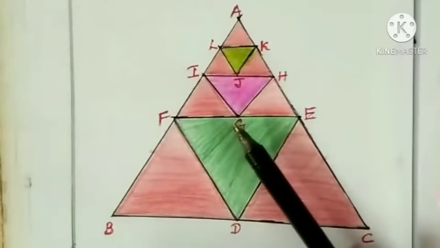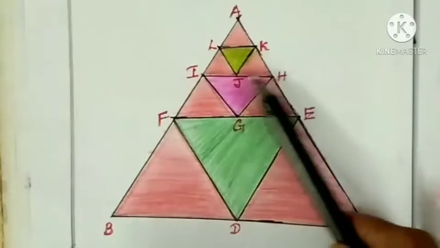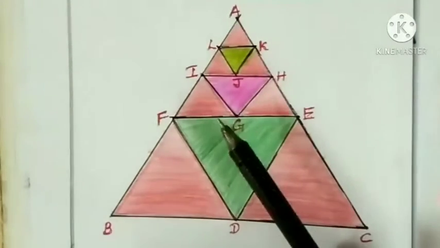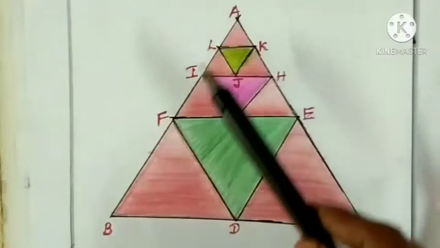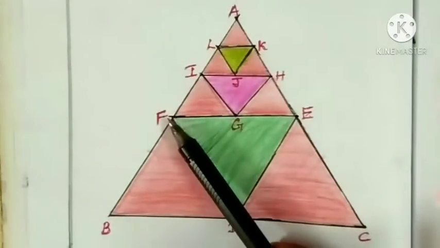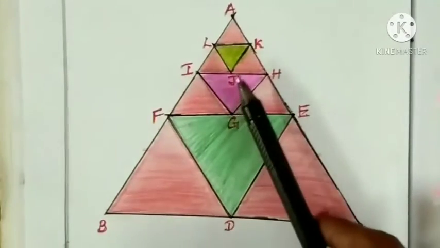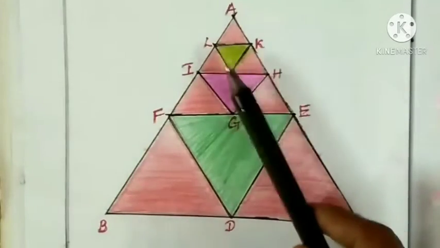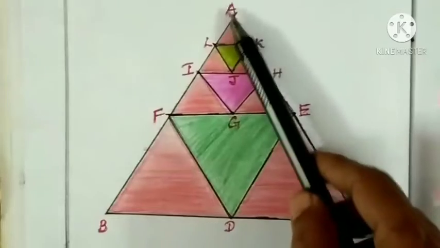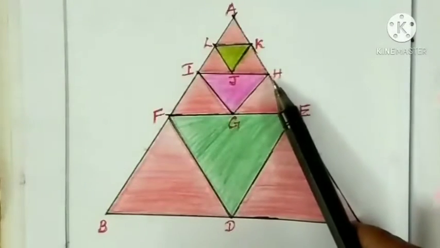Likewise, the size of triangle GHI is exactly 1/4 of triangle AFE, and the size of triangle JKL is also exactly 1/4 of triangle AIH.